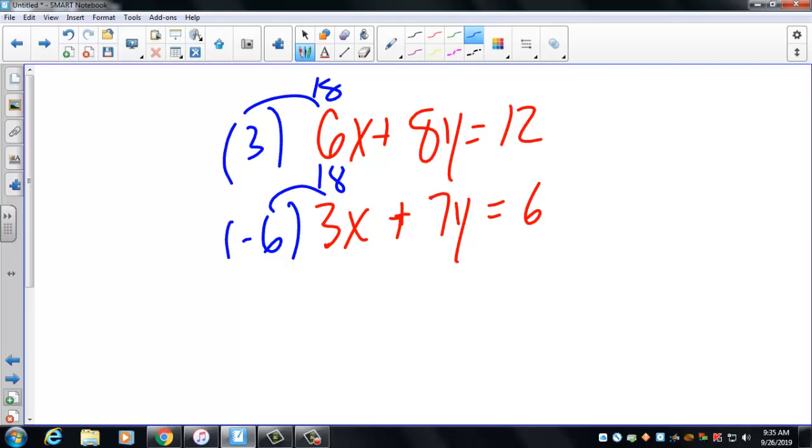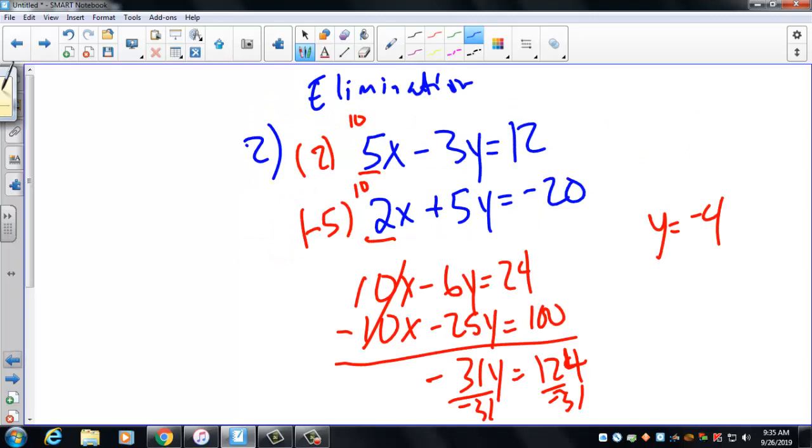Like it's still going to cancel the same way it would if you multiplied by 2. It just requires you to get a little bit bigger numbers sometimes. But I think that's probably a fair trade for ease of use, because you have a system in place that allows you to do it every time. Okay? By the way, the answer in this case is 2, 0.